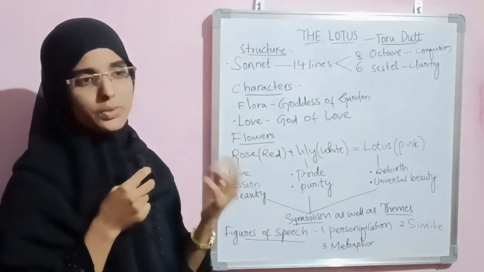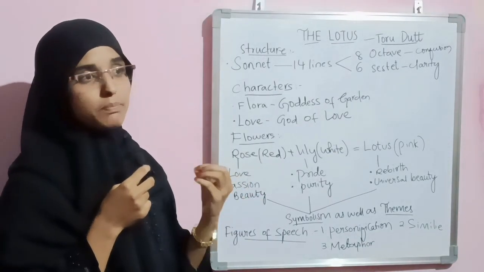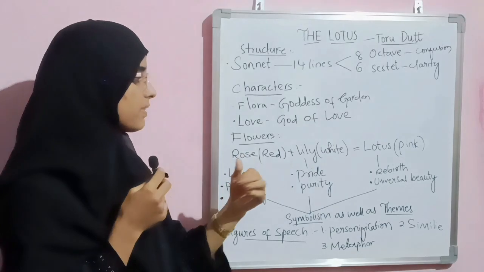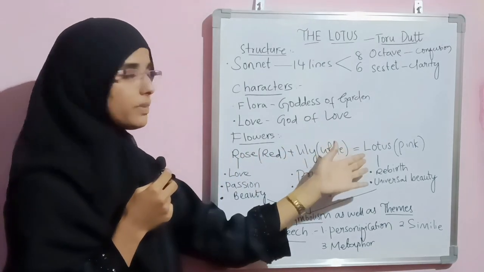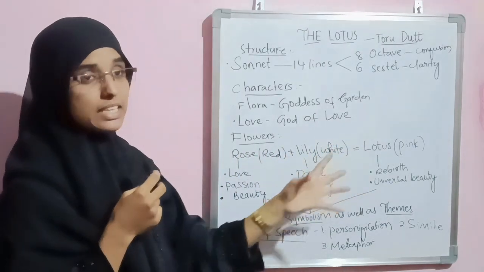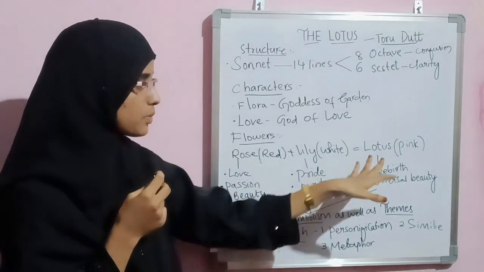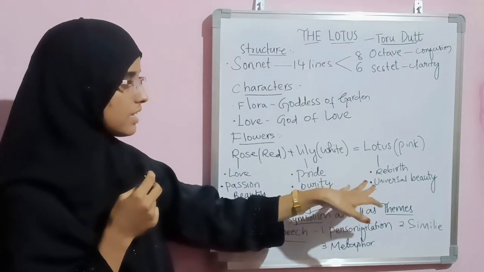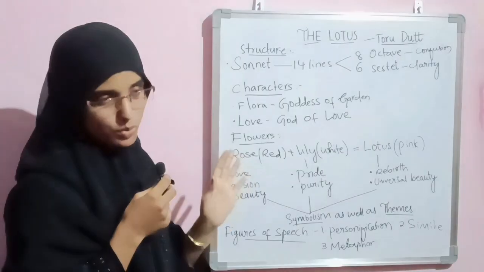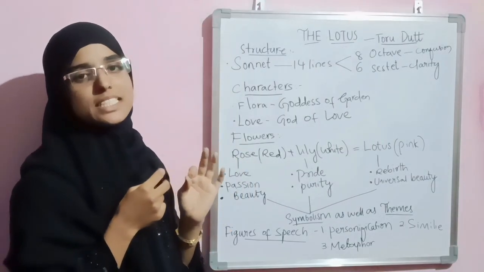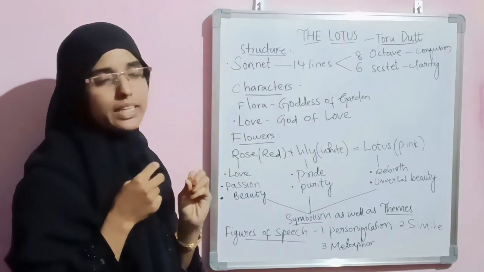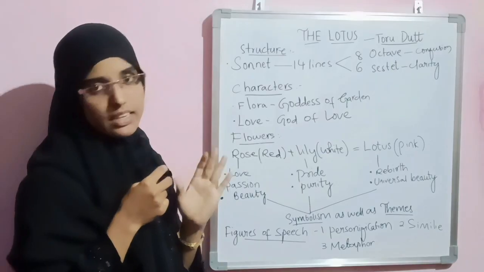So during that time, Flora mixed up the red rose and the white lily. It comes out as a pink lotus. This is how the lotus flower is formed. Its symbolism is rebirth and universal beauty. Since then, the lotus is considered the queenliest flower of the garden.